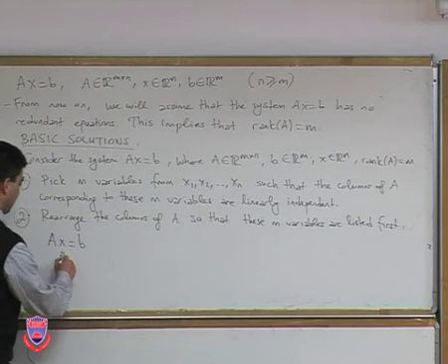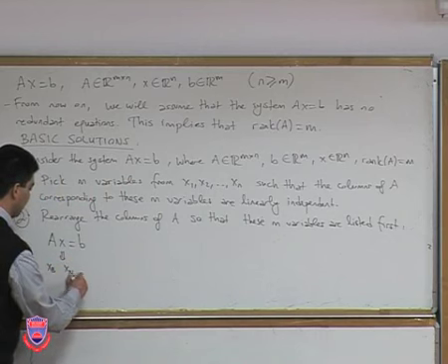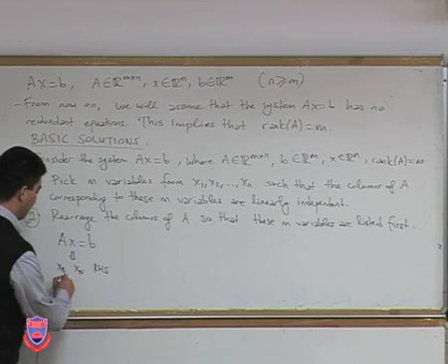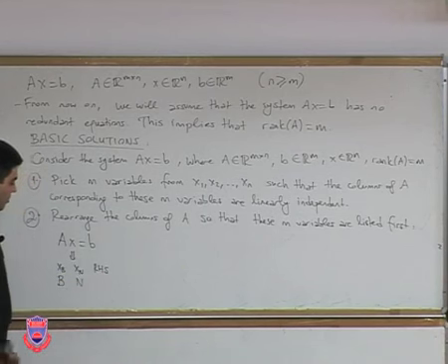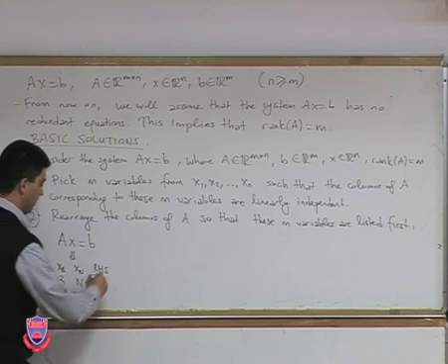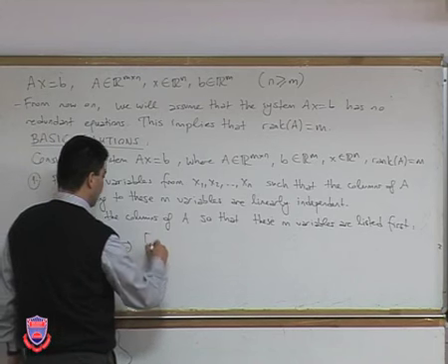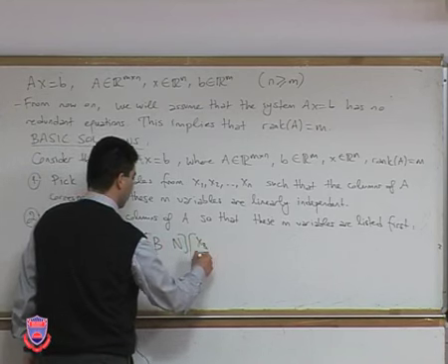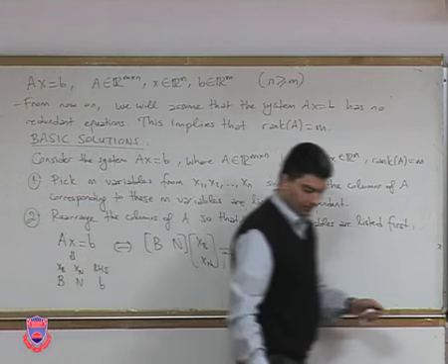Then what I'm going to do is rearrange my variables. I'm going to call them XB and XN, and I have the right-hand side. Underneath XB, I'm going to have the columns of A, which I'm going to call matrix B. And underneath XN, I'm going to have the remaining columns of A, which I'm going to call N, and the right-hand side b. So as a result, I can write the system as follows: B N multiplied by XB XN, and the right-hand side value is equal to b.